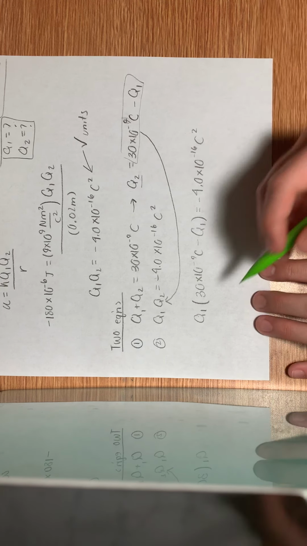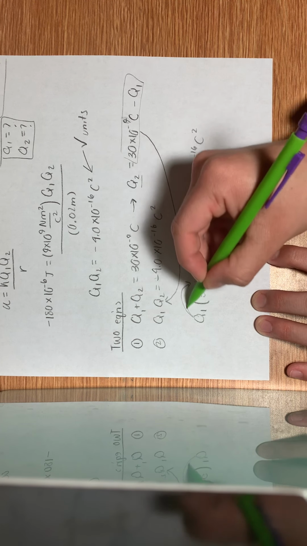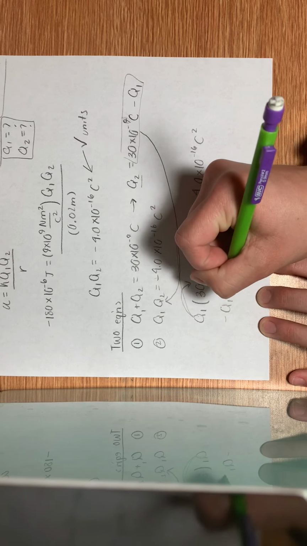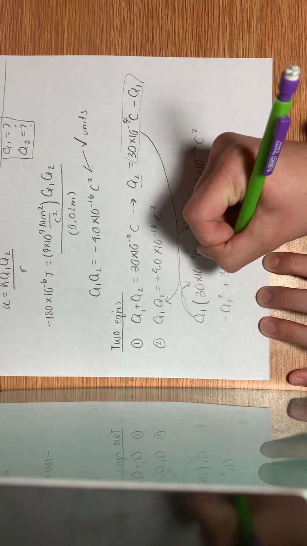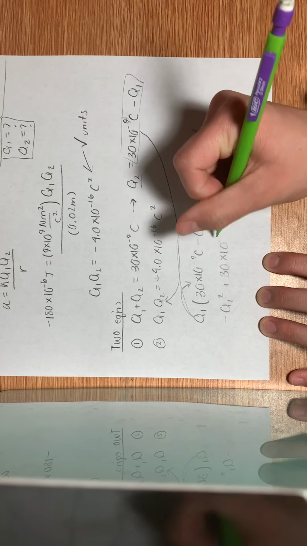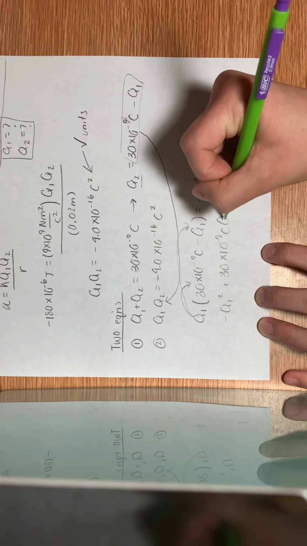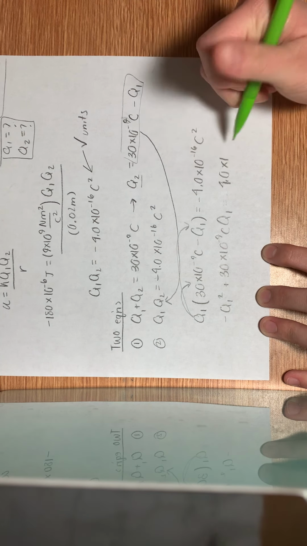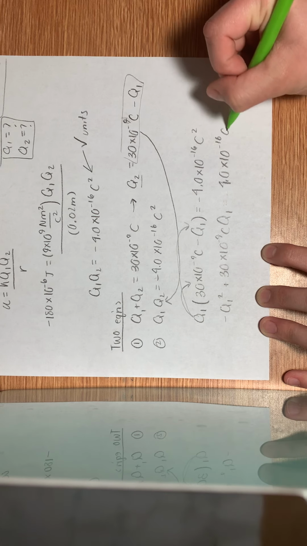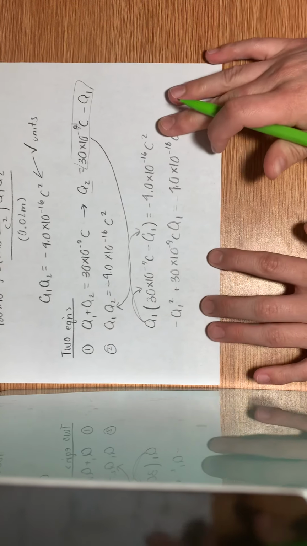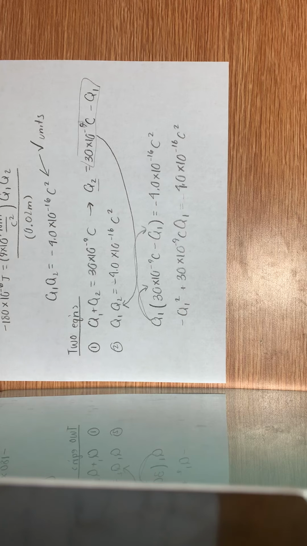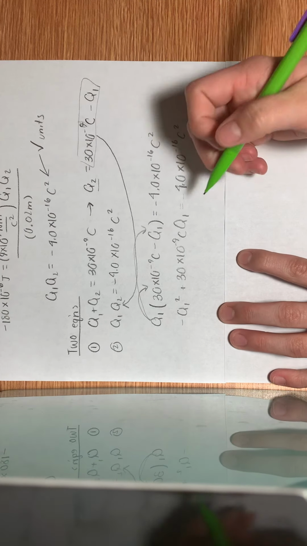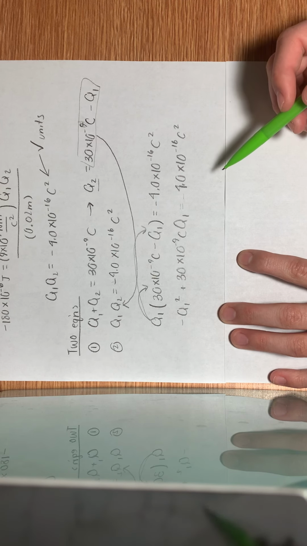Now we can distribute that Q1. So we get negative Q1 squared plus 30 times 10 to the minus 9 coulombs times Q1 is equal to negative 4.0 times 10 to the minus 16 coulombs squared. Now I'm going to get everything onto one side.